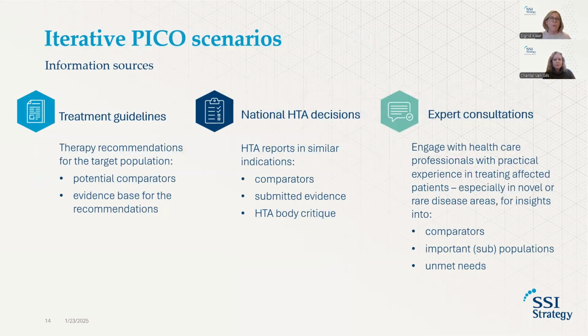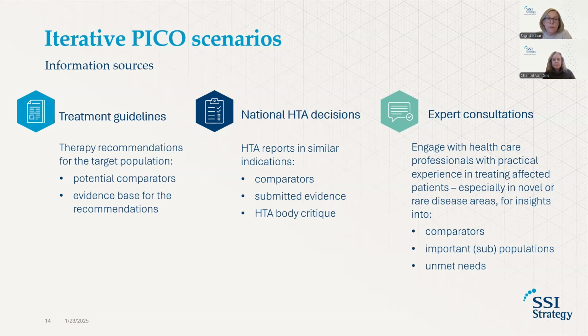So here are some information sources that you can use when you do these repeated PICO scenarios. For example, you will look at treatment guidelines for your target population to look for potential comparators, and also the evidence base for those recommendations.